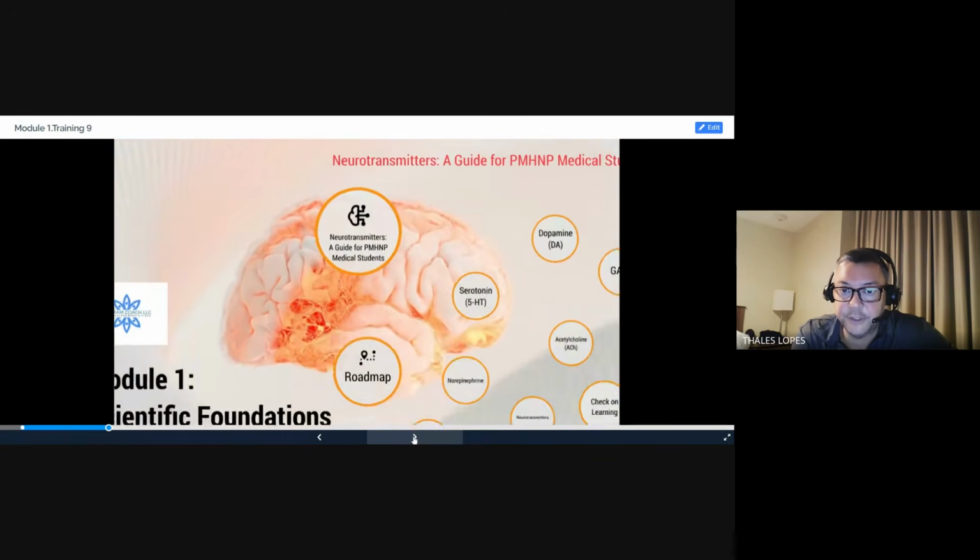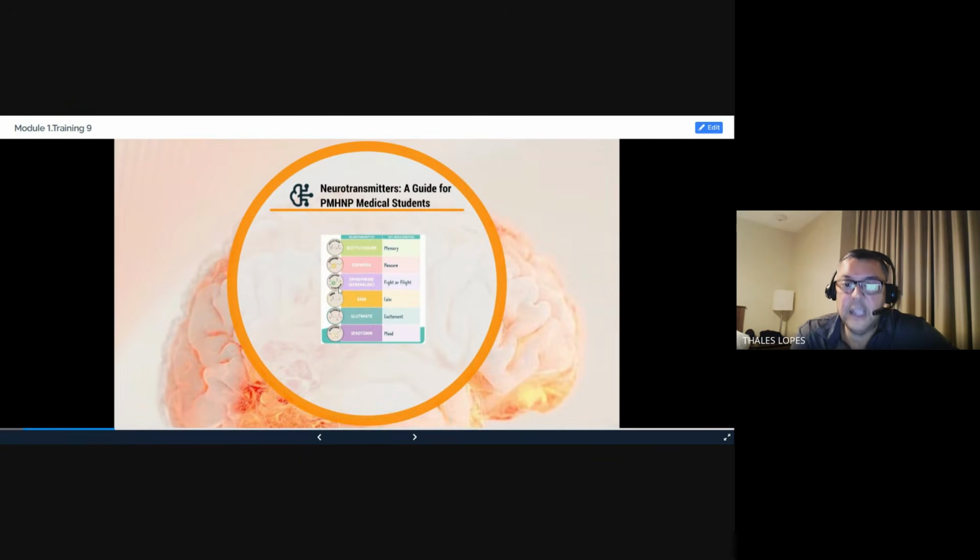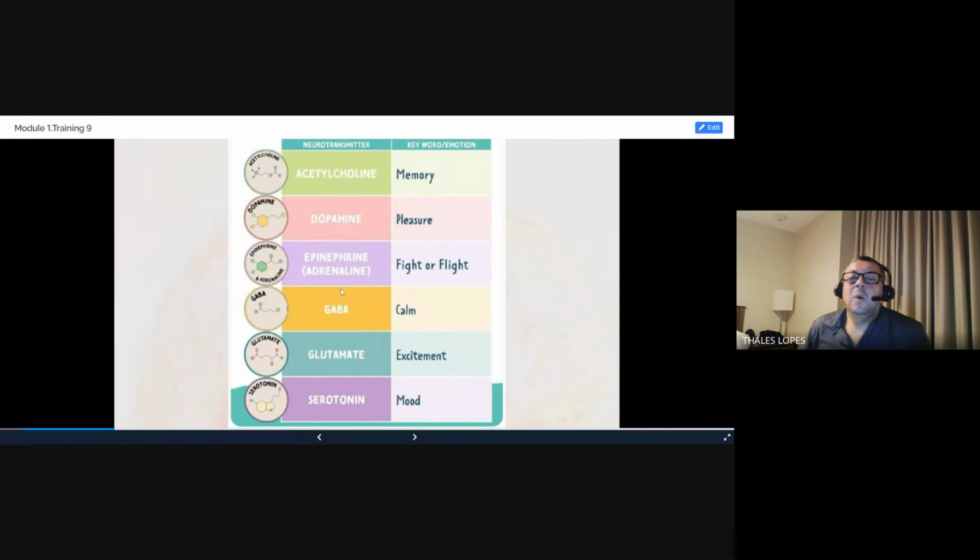Now, neurotransmitters. If you say one thing for each neurotransmitter, this is just for play. I would say acetylcholine has a lot to do with movement and memory.